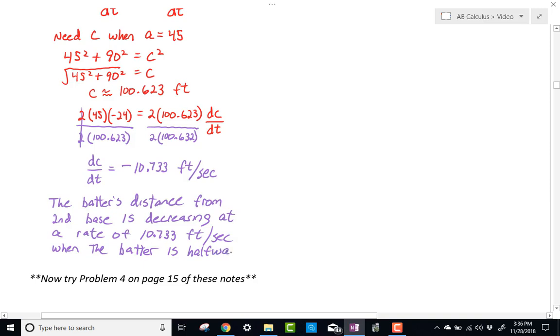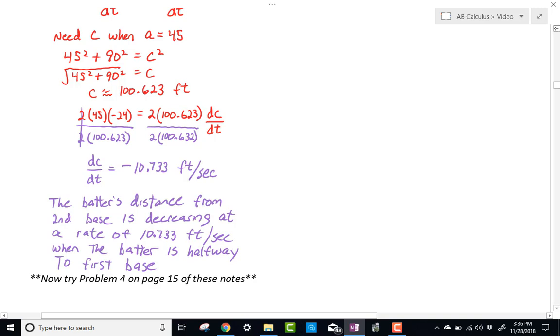So the batter's distance from second base is decreasing at a rate of 10.733 feet per second when the batter is halfway to first base. That's what our answer indicates.